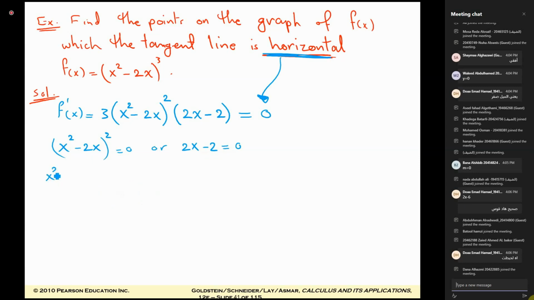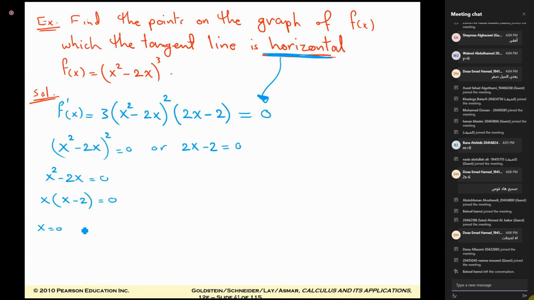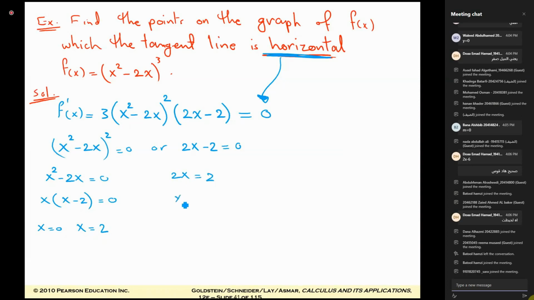This means x squared minus 2x equals 0. Take x as common factor, so we have x times x minus 2 equals 0. We have x equal 0, x equal 2, and from the other equation we have 2x equal 2, and by dividing by 2, x equal 1.